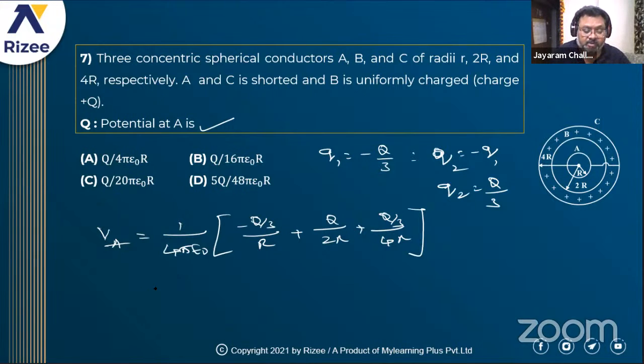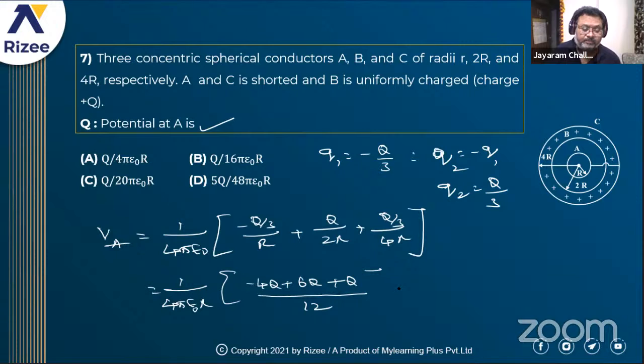If I go for the LCM, this will be 1 by 4 pi epsilon naught into R, and this value will be equal to minus 4Q plus 6Q plus Q, overall divided by 12.